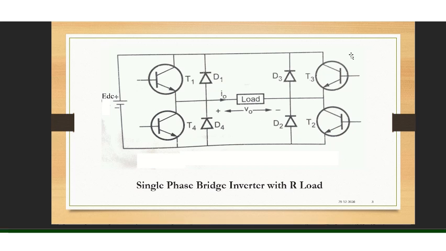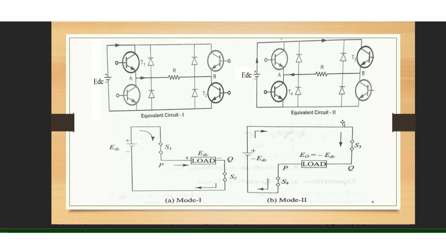The transistors T1 and T2 will conduct between time instant 0 to T by 2. Let us observe the equivalent circuit here. For the time duration between 0 to T by 2, assume that the thyristors T1 and T2, or you can also call them switches T1 and T2, are conducting.